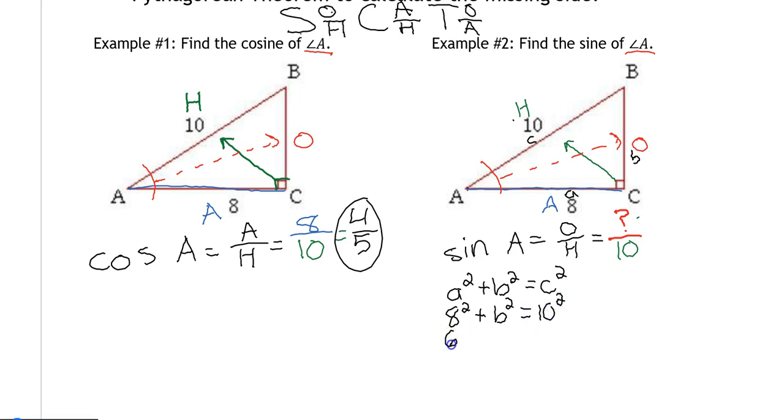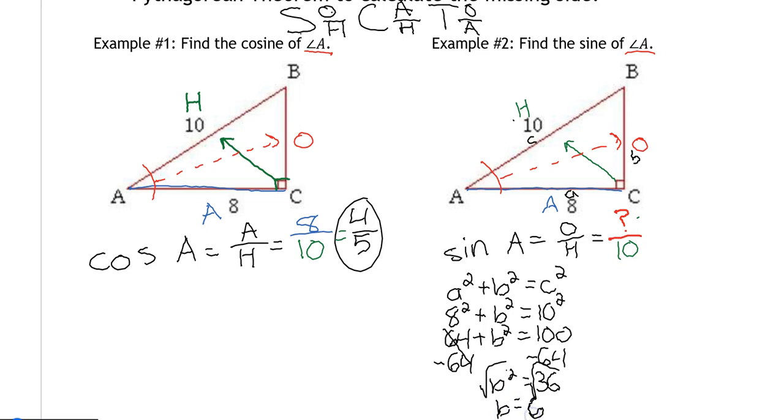8 squared is 64, plus B squared equals 10 squared, which is 100. 64 and 100 are on opposite sides, so I'm going to subtract 64. Those go away. B squared equals 100 minus 64, we get 36. And I'm going to take the square root.